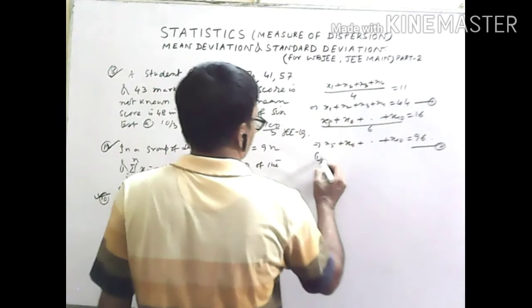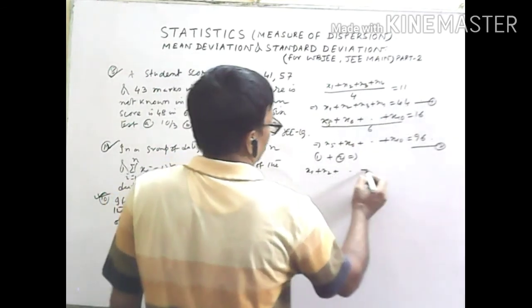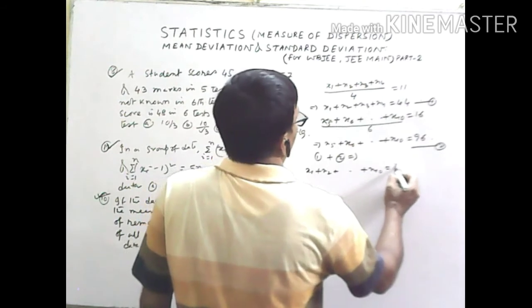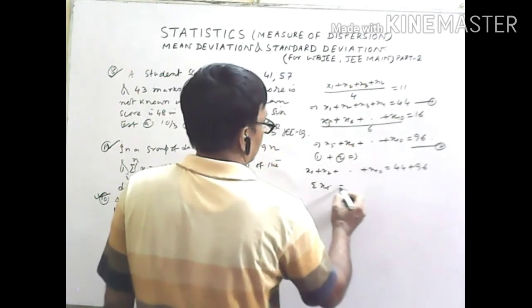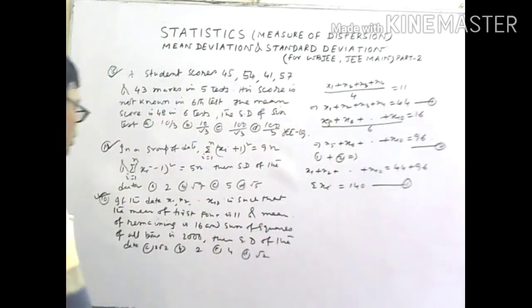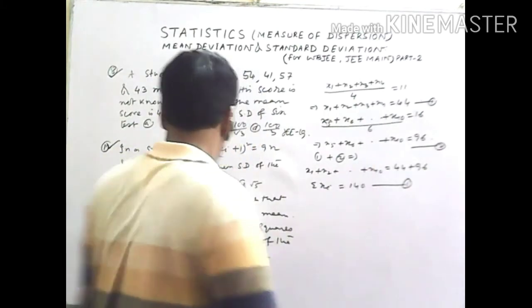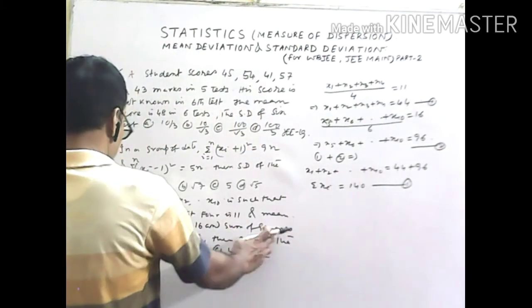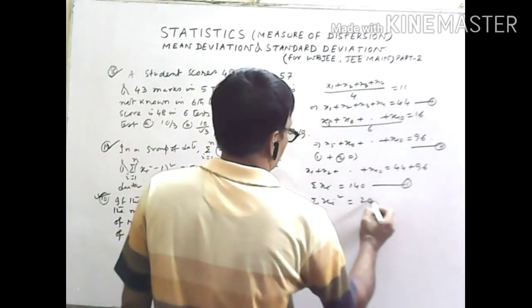So 1 plus 2 implies x1 plus x2 dot dot x10 equals 44 plus 96. So summation xi equals 140. It is not given directly, but very simple to calculate. And the sum of the squares of all terms: summation xi square equals 2000.